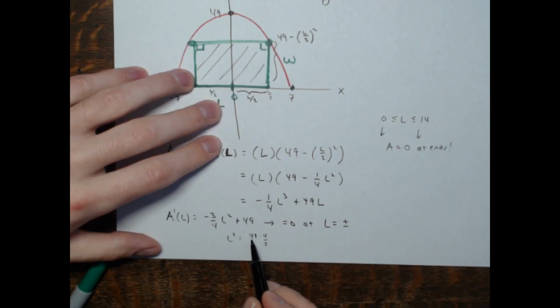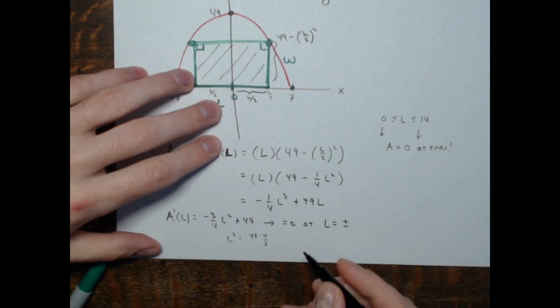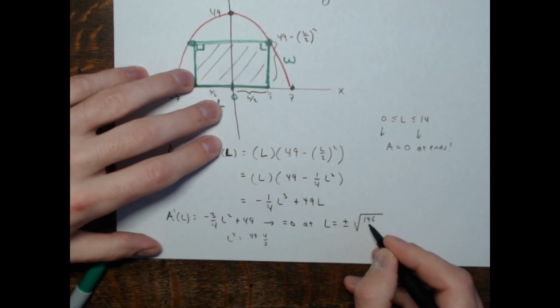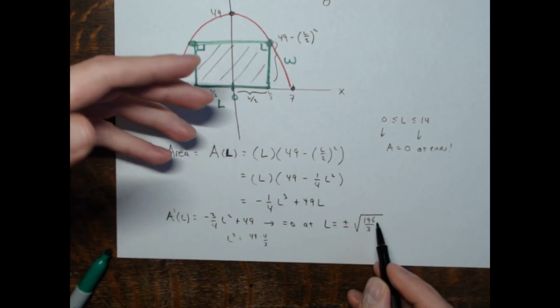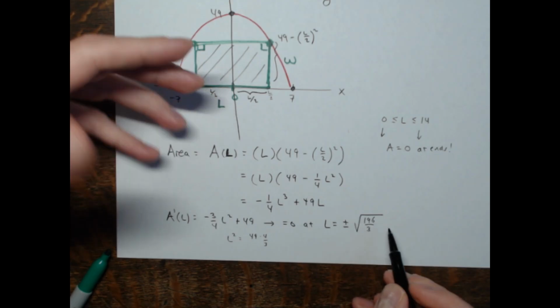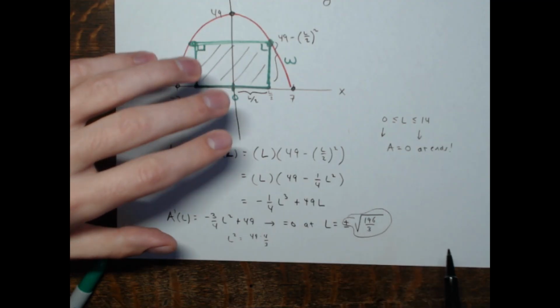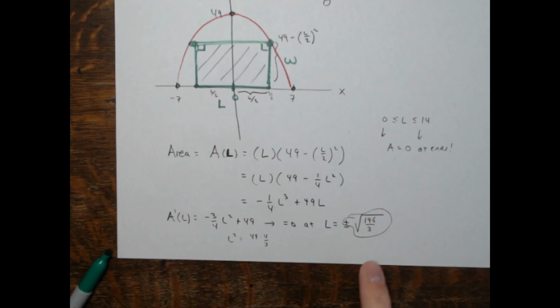But 3 doesn't go into 49 evenly, so that'd be 196 thirds, and then the square root of that, which you could write as square root of 14 over root 3. But we've got to use the positive one. So that's got to be L.